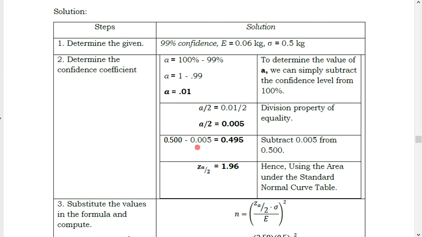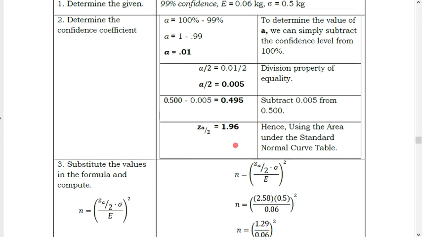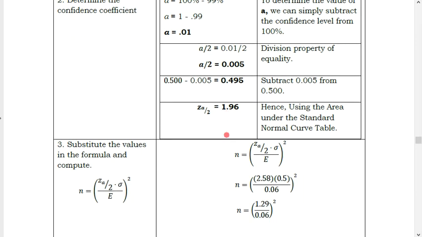Okay, so 0.5 minus 0.005, you have 0.495. Okay? So, kung check natin sa ating Z table, hindi siya 1.96. Siya ay 2.57 to be exact. This should be 2.57. These are typo errors.